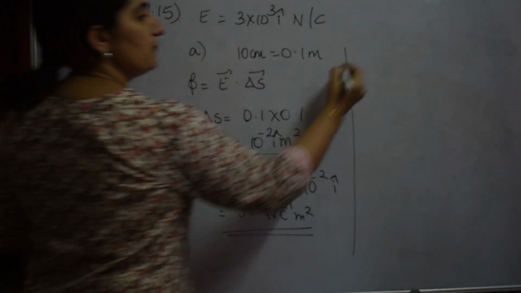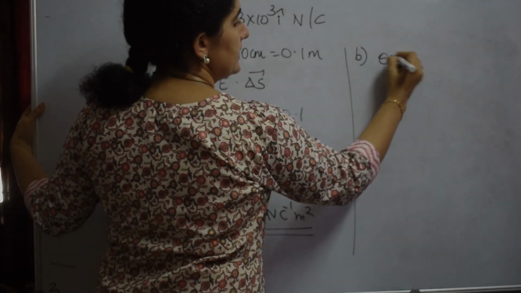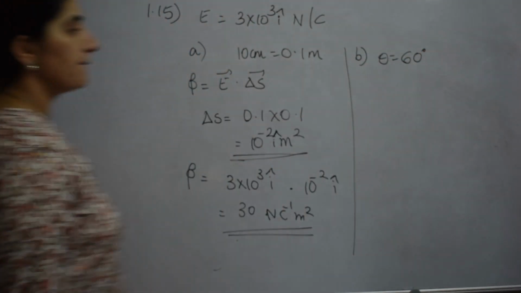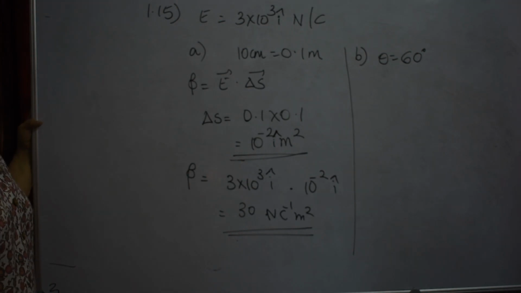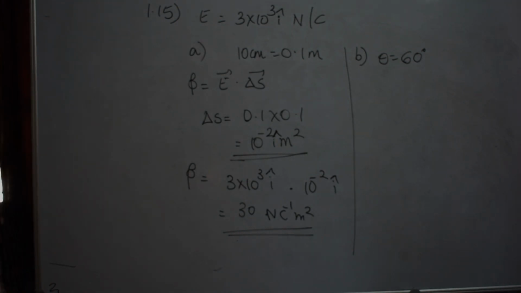Now you have to find out part B. Theta is given to be 60 degree. If the angle is 60 degree, you have to calculate the flux.